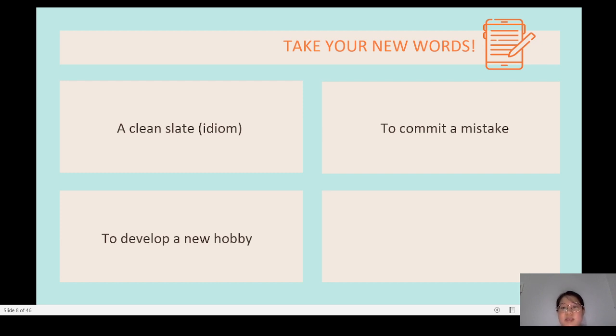To commit a mistake means that you are doing a wrong action. To develop a new hobby has the same meaning as enhance, improve or start a new hobby.